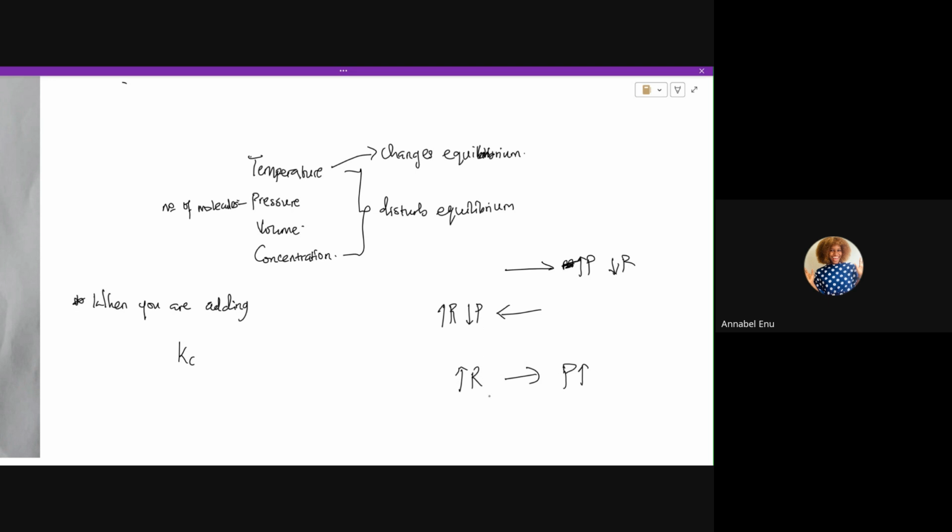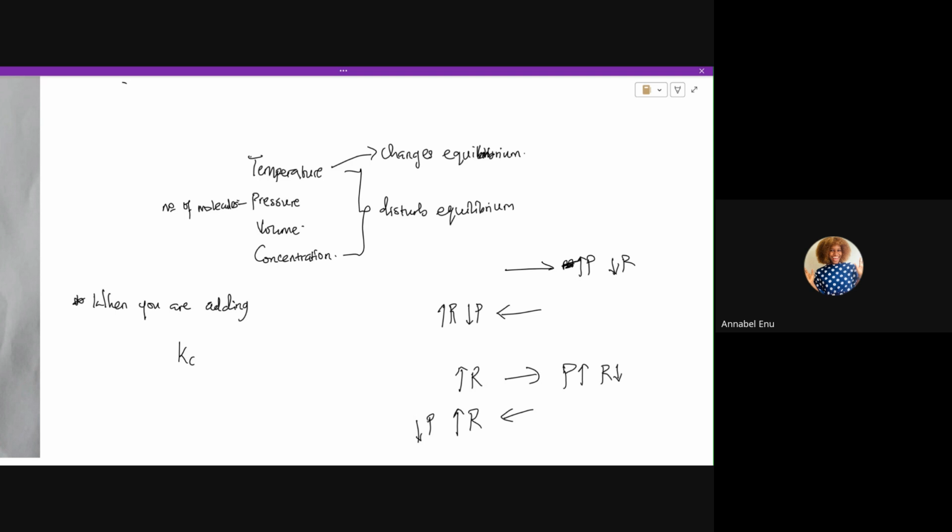So when we are going to the right, we are forming more product, and consequently there will be less reactant. If we are going towards the left, where the reactants are found, there will be more reactants and, by the reverse, less product.